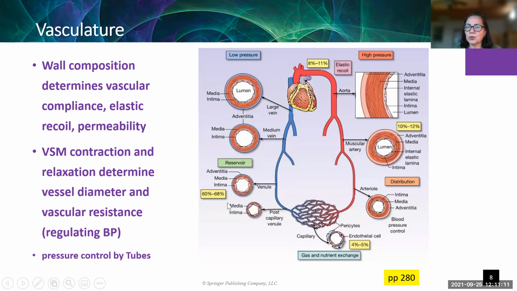The vast majority of our blood at any given time is actually in the veins. And so when it's time to make a big, last ditch effort to bring blood pressure back up, yeah, the arteries have to contract for sure, but then we actually kind of recruit the veins to contract as well, because so much of our blood is out in the veins at any given time.